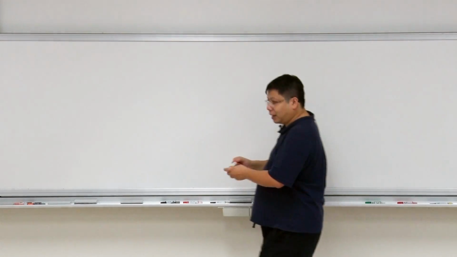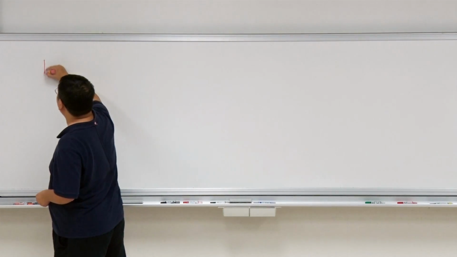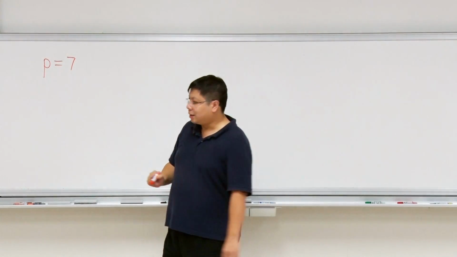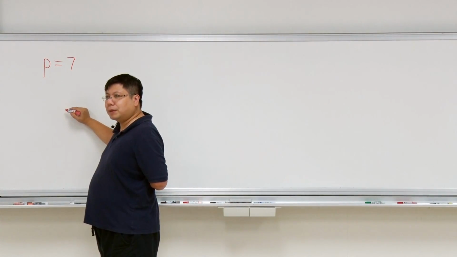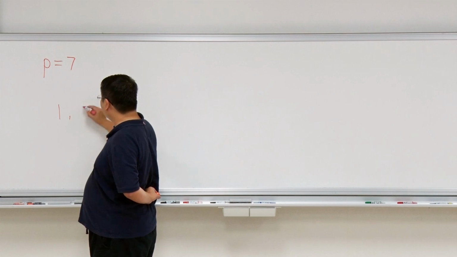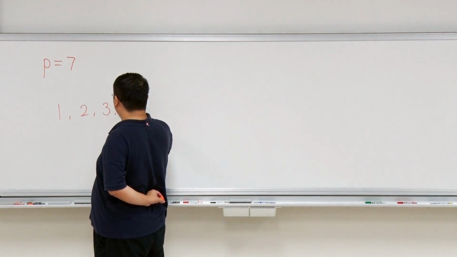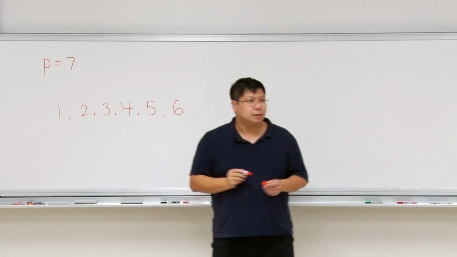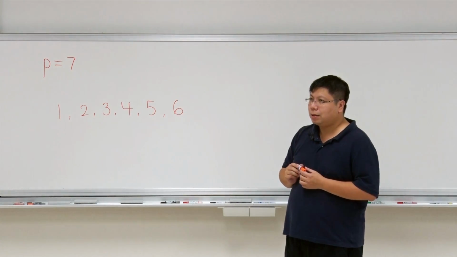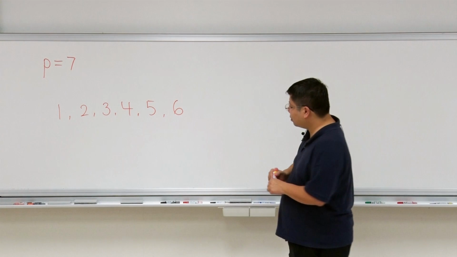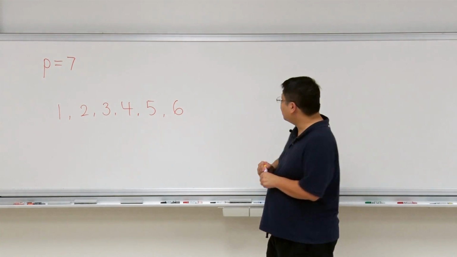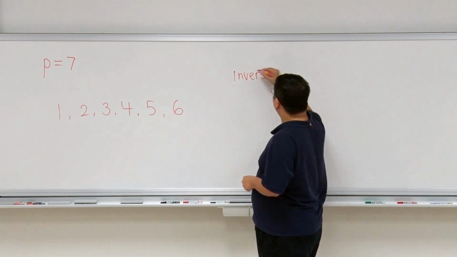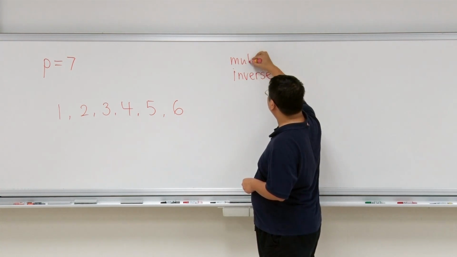So let's consider a prime, let's say p is equal to 7. Then we look at all the numbers less than p: 1, 2, 3, 4, 5, and 6. If you still remember, we have defined the inverse before, or the multiplicative inverse.